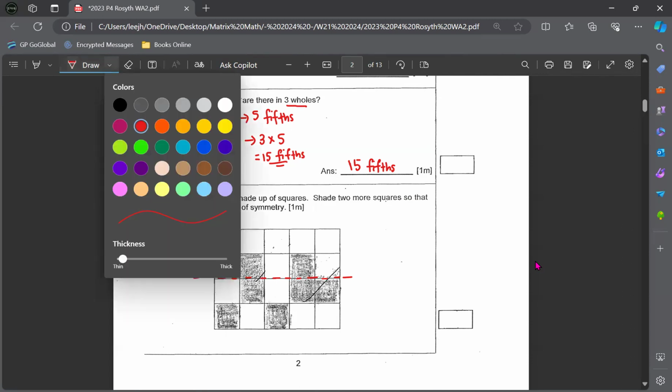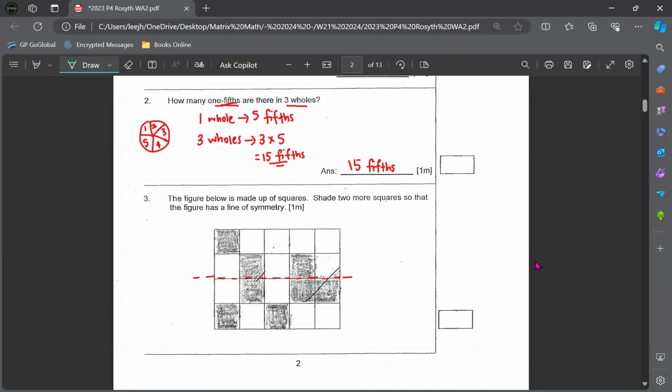I'm going to use a different color, maybe green. There's no missing piece here. This and this are equal, an opposite image from the line of symmetry. So here there'll be 1, and over here there's 1 already, so there's another 1 over here. These are the 2 squares that you have to shade. So this is your answer.